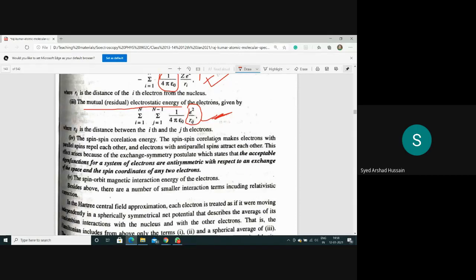There are two main coupling schemes: one is the LS coupling scheme and another is the JJ coupling scheme. The LS coupling scheme is mainly theoretical.